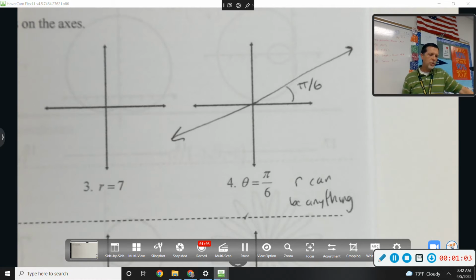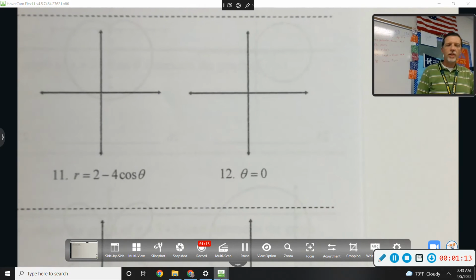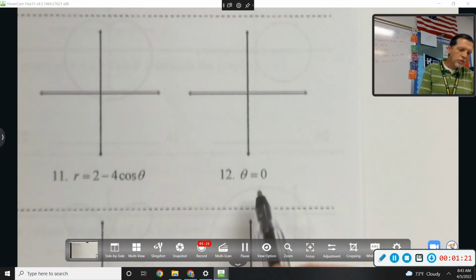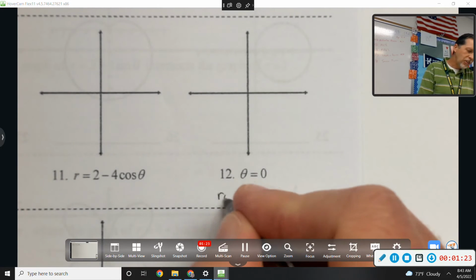And then number 12 would be similar. Other questions from the review? Number 12. Theta equals 0. What do you think that would look like? Don't know, that's why you're asking. Let's see, so if I don't rotate at all, rotation equals 0.